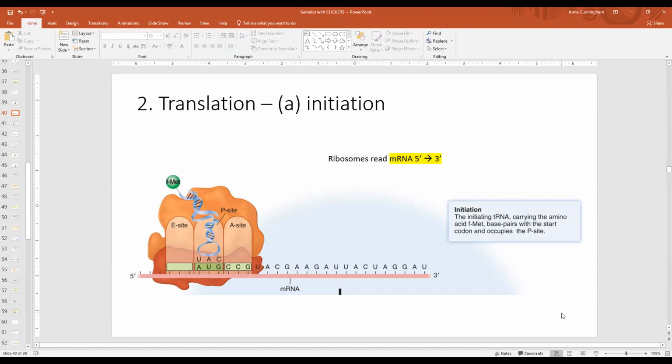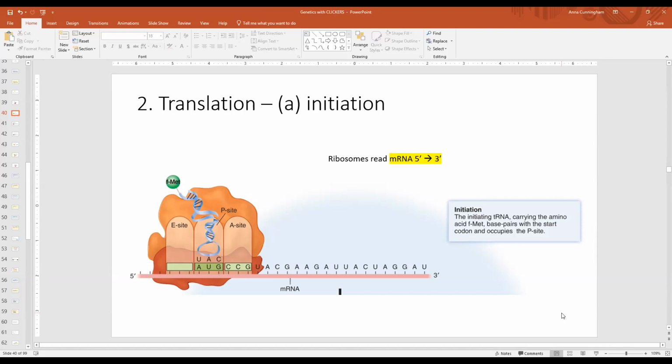So ribosomes will always read mRNA from 5' to 3'. When I mentioned it moves right, molecularly speaking, what I meant is that it's moving from the 5' end toward the 3' end of that mRNA.